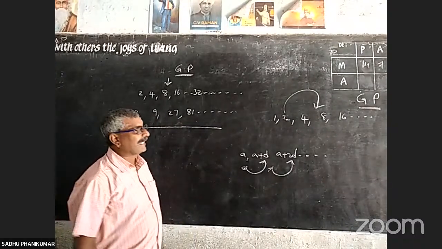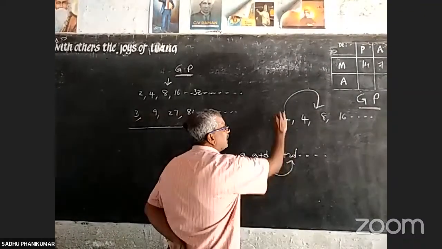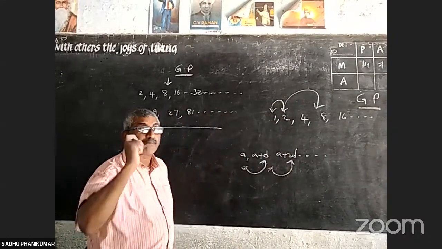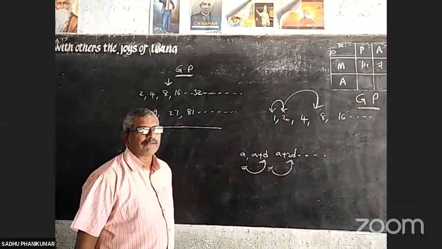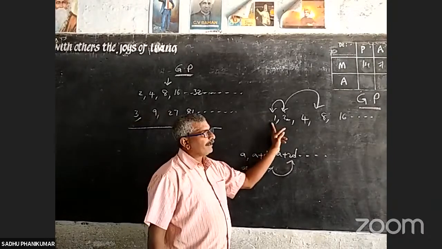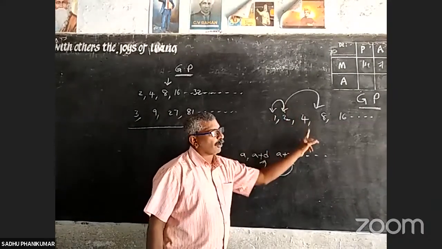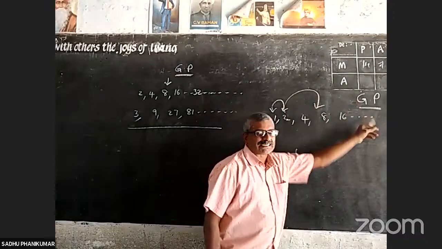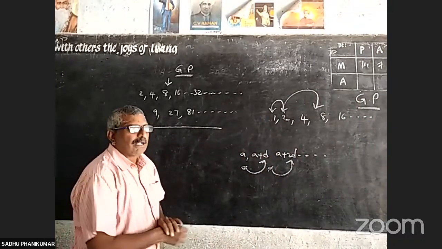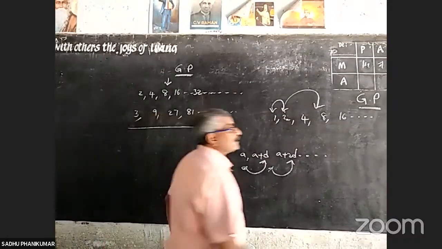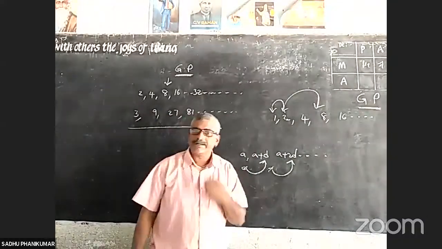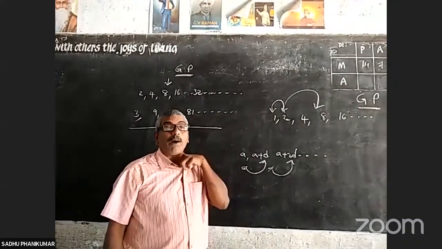But here, we obtain each term by multiplying the previous term with a fixed number, like 1, 2, 4, 8, 16. This arrangement of numbers is called geometric progression, also denoted as GP.